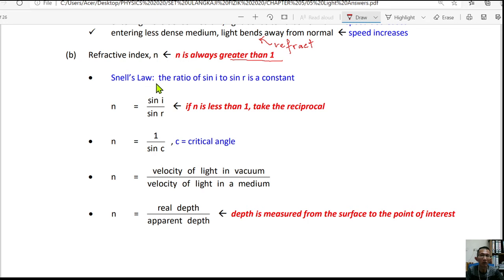Snell's law simply says the ratio of sin i to sin r is a constant. That is what is stated by Snell's law. So the sine of the incident angle divided by the sine of the refracted angle must be a constant.